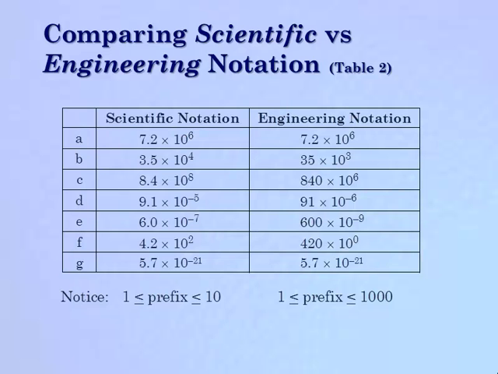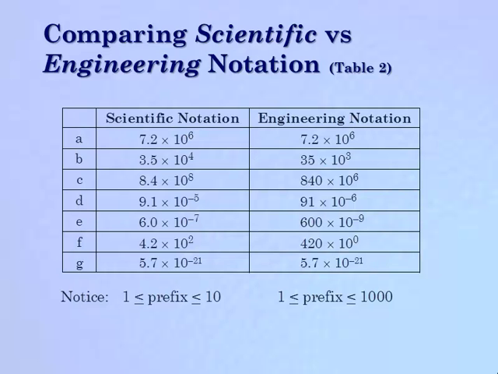If we have a number like 3.5 times 10 to the 4th, to convert that to engineering notation, to get the exponent to be a multiple of 3, we're going to have to change 3.5 to 35. Or another example, 8.4 times 10 to the 8th.